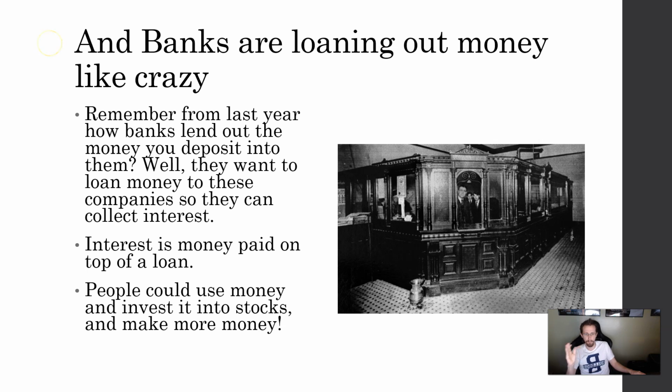They loan it out to people so that way they can do what they so fit with it. Buy the new car, invest into new technology, whatever it may be. They just expect that money to be paid back with interest, which is money you pay on top of a loan. So if like I'm the bank and I loan you $100, I'm expecting like $110 back, not $100.